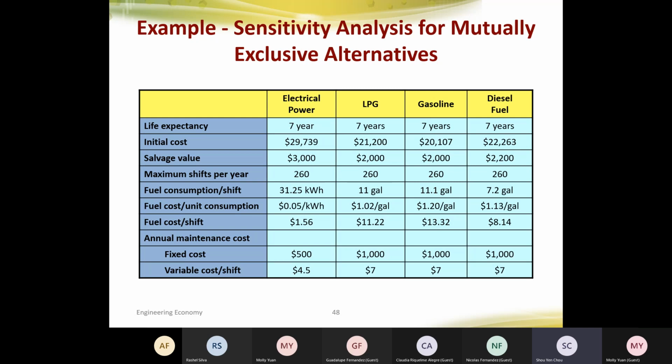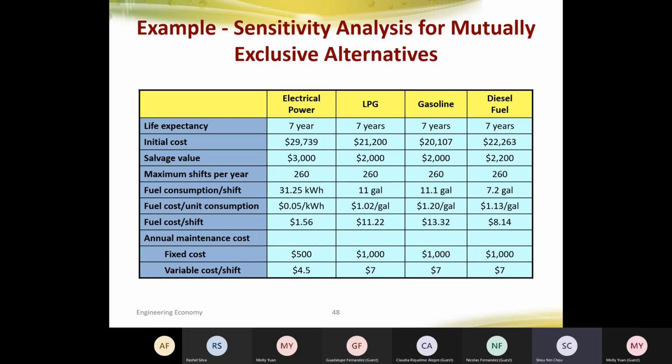And earlier I also mentioned that a lot of the variables, the values of those variables were assessed. If they have deviation, we may choose one over the other under two different circumstances.